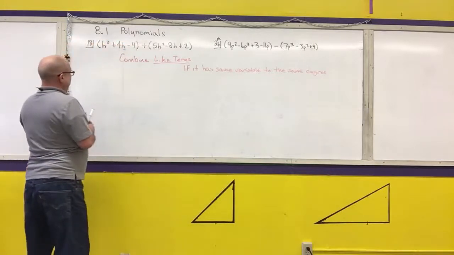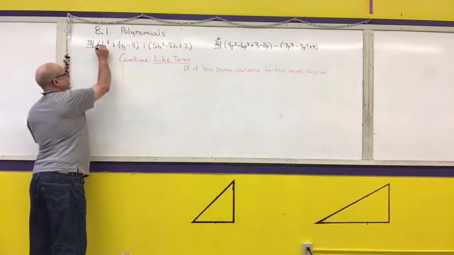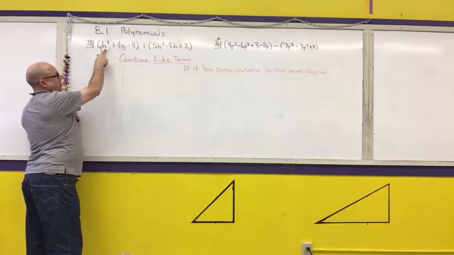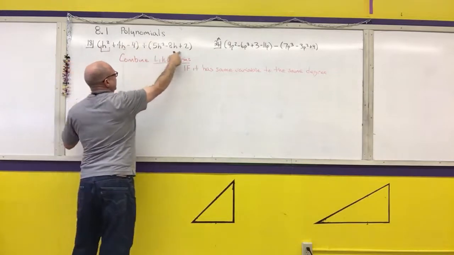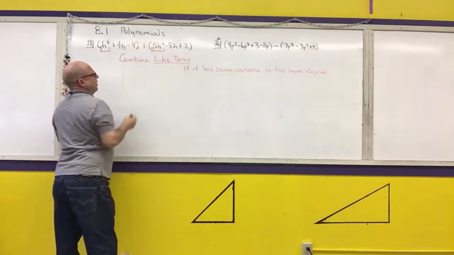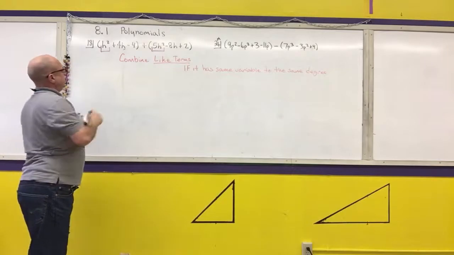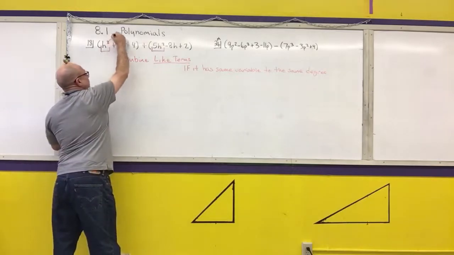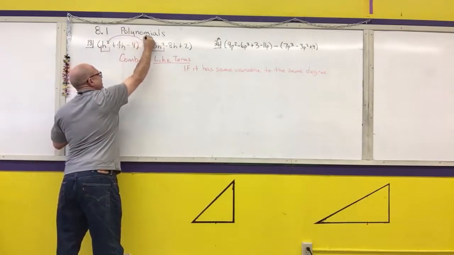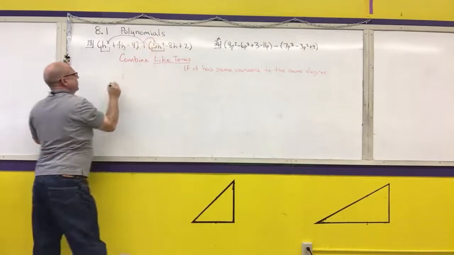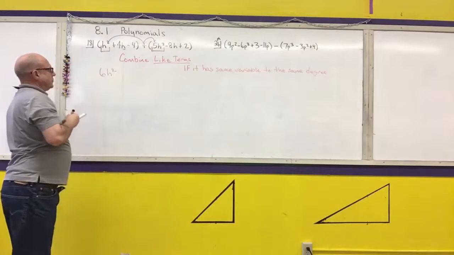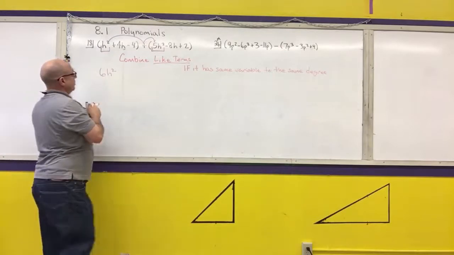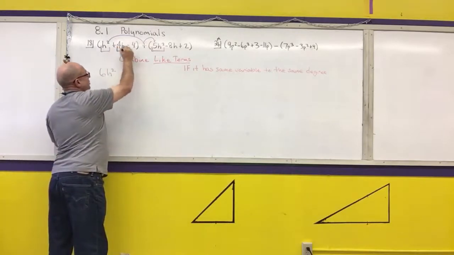So what I'm going to do here is I'm going to take the first monomial, which is a second degree monomial, and find every other second degree monomial and do the mathematical operations on it. So I have h squared plus 5h squared is 6h squared. Then my next monomial is 4h.